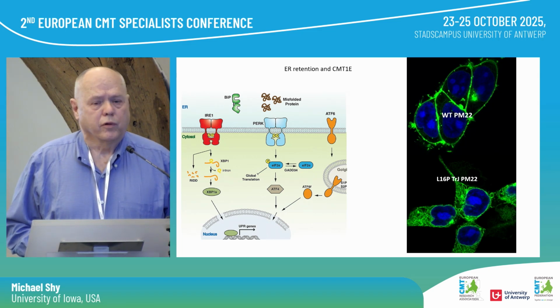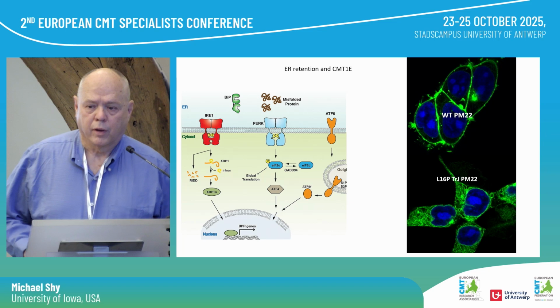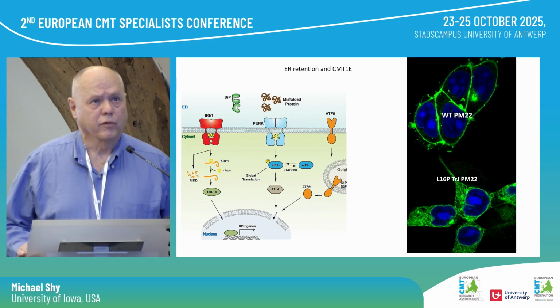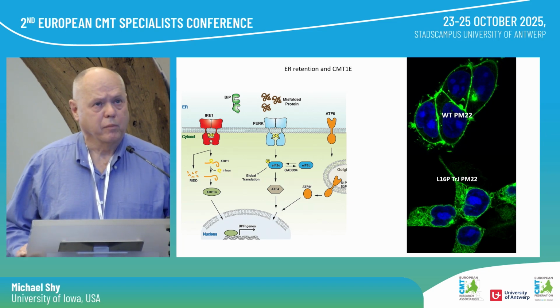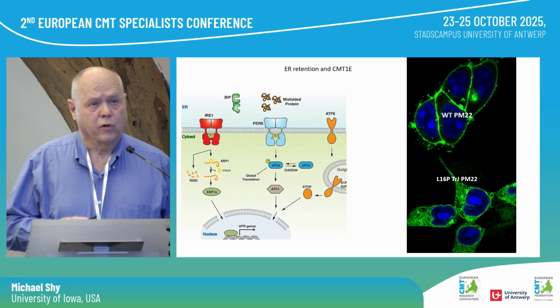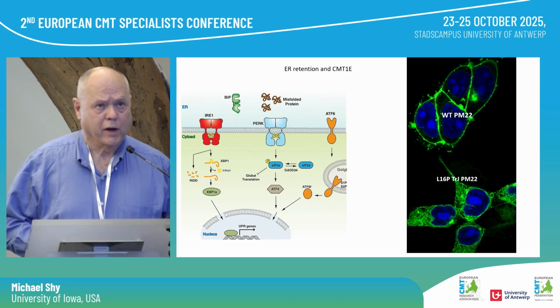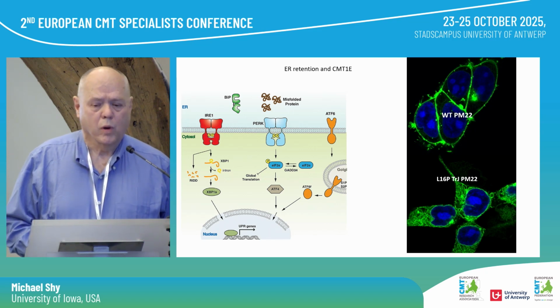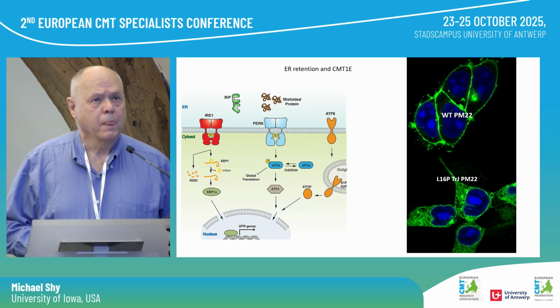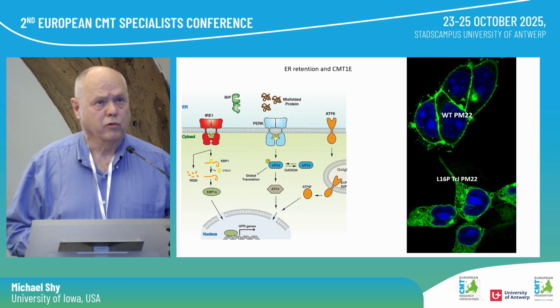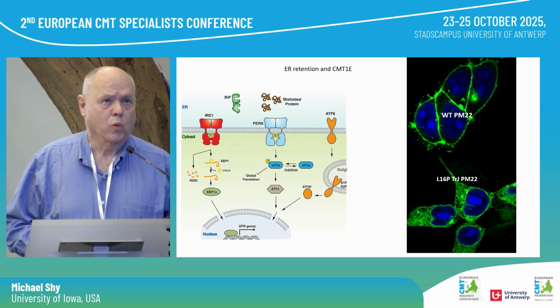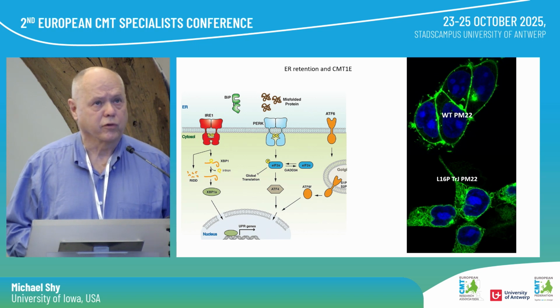And then we knew from the literature, going back with Jim Lupski's group and others, that the Trembler J mutation, which is the L16P, was retained in the endoplasmic reticulum. On the right are images from our group where we used permanent transfections, and PMP22 is labeled in green. On the top in the wild type, you can see it makes it out to the cell surface.